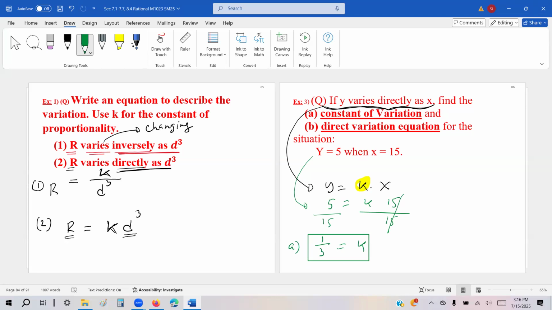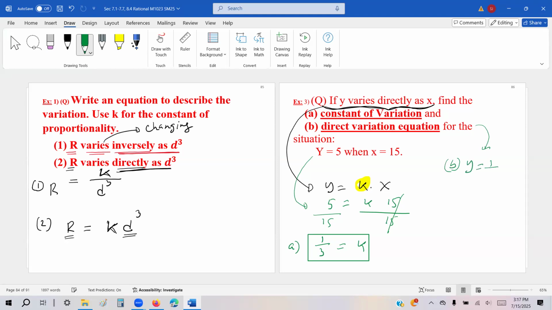Find the rate at which x and y are changing based on the numbers they gave us. When y is 5, x is 15. So what is their rate of change? And then B says, well, once you know your rate of change, now write the equation again by replacing your k with what you just found in A. So in B, you just have to rewrite the equation.